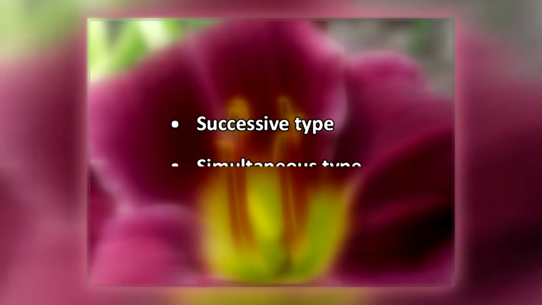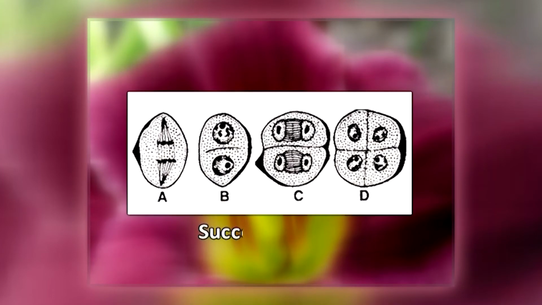During meiotic division of microspore mother cell, the wall formation may be of successive or simultaneous type. In the successive type of wall formation, a cell plate is laid down between 2 daughter nuclei after meiosis first. This wall gradually extends towards the periphery on both sides, dividing the cell into 2 equal halves.